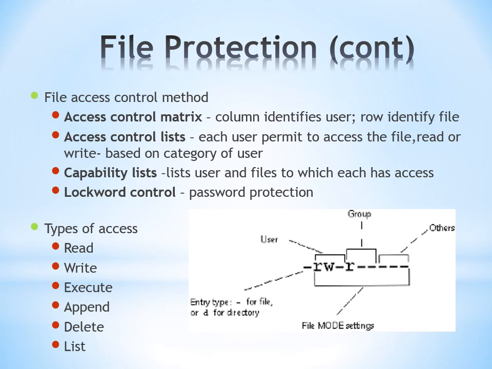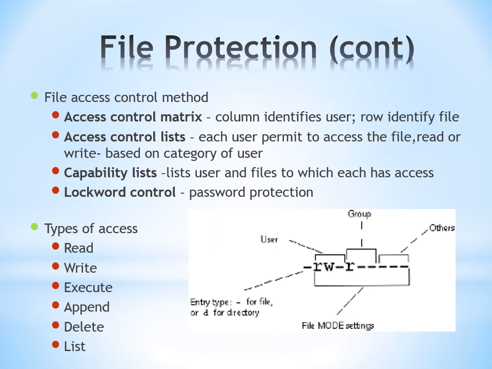The access control list is used to define each user's permission to access the file, read or write, based on the category of the users.